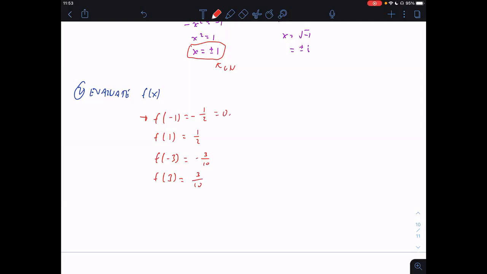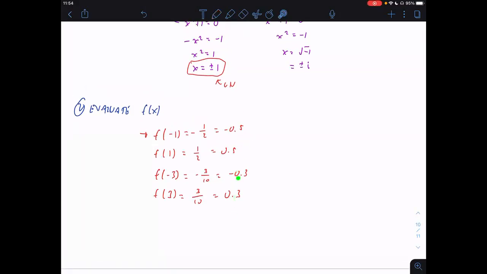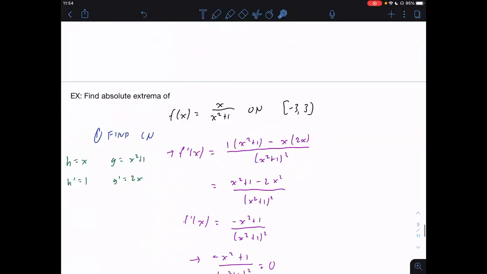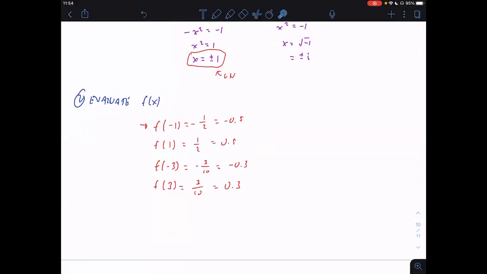We can use decimals, so it'd be negative 0.5, positive 0.5, negative 0.3, and positive 0.3. Okay, so in this case, the smallest value out of these 4 outputs is negative 0.5. So our absolute minimum is going to occur when x is negative 1 on this closed interval to give us an output of negative 0.5.